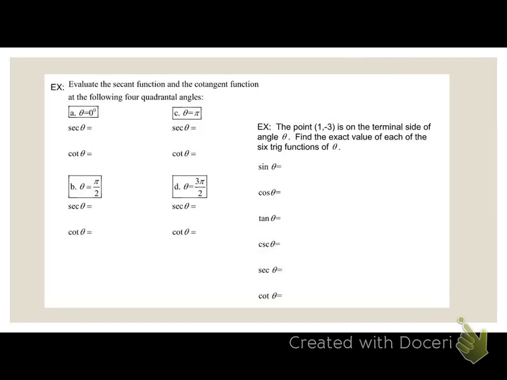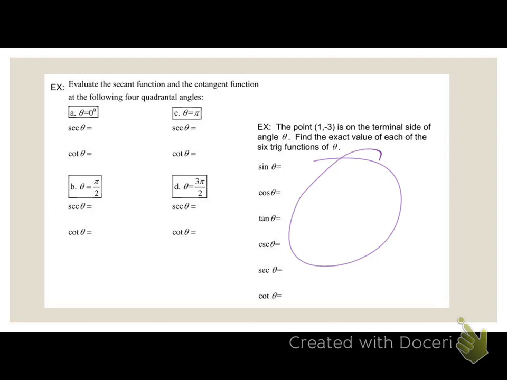Okay, so just trying to think through some problems, and this example we've already done. So just the last couple, secant and cotangent of the following four quadrantals at 0 degrees. You have to remember that sine is 0 and cosine is 1, and tangent is 0.